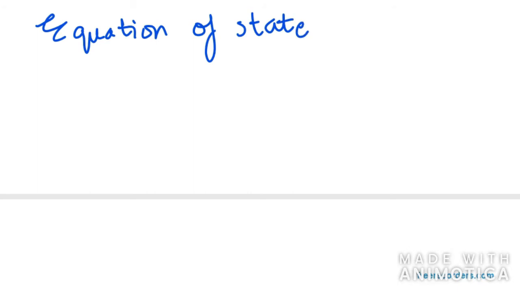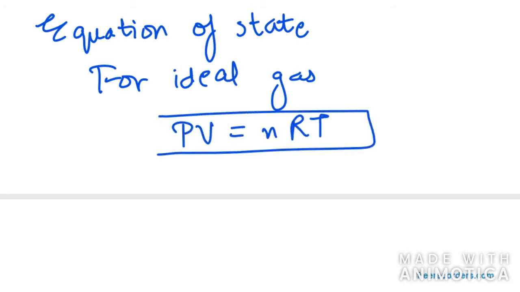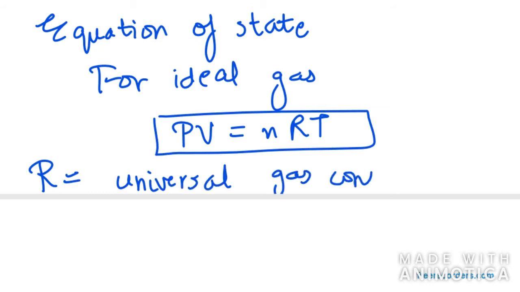The equation of state for an ideal gas is PV = nRT. Here P is pressure, V is volume, T is temperature, R is the universal gas constant, and n is the number of moles of an ideal gas.